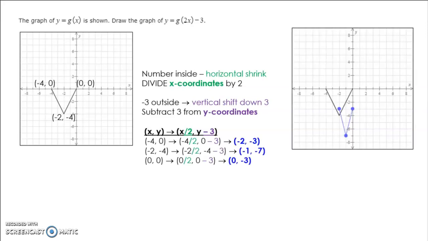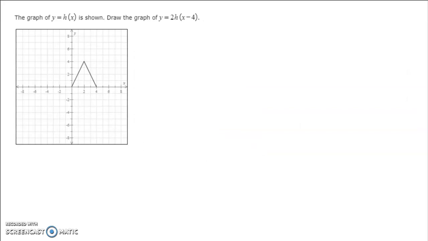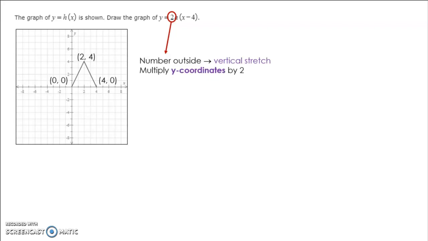Oh good, we have one more. There are 3 examples. So here, find our ordered pairs. We have a number on the outside, which is going to be a vertical stretch. So I'm going to multiply the y coordinates by 2. And then I have a -4 on the inside, which is a horizontal shift right 4, because remember, when it's inside, it's opposite.